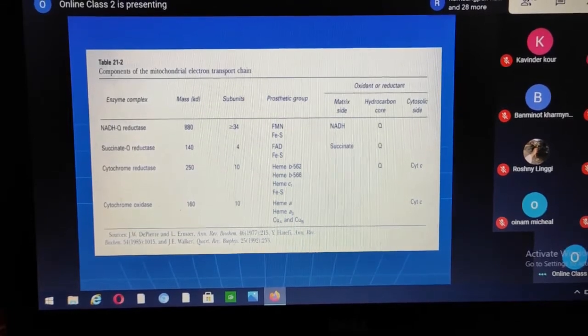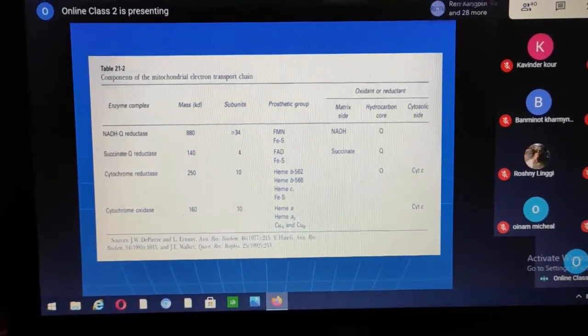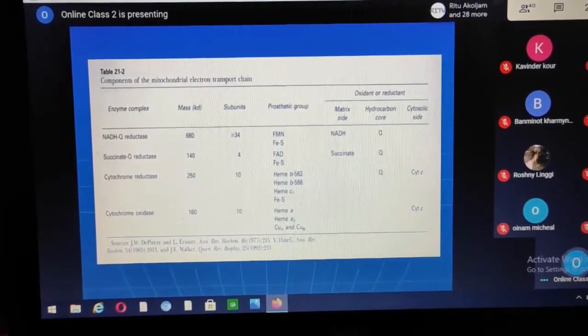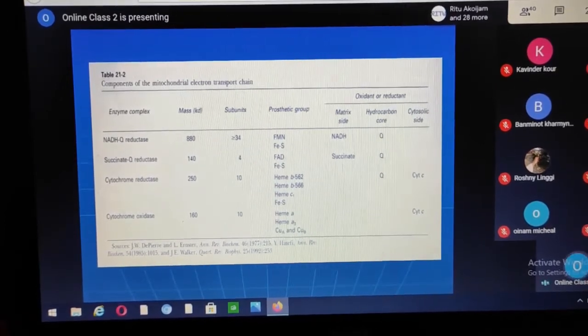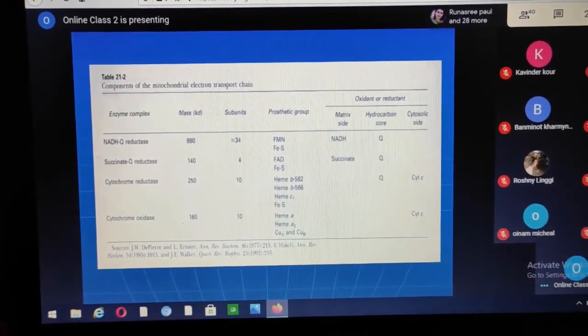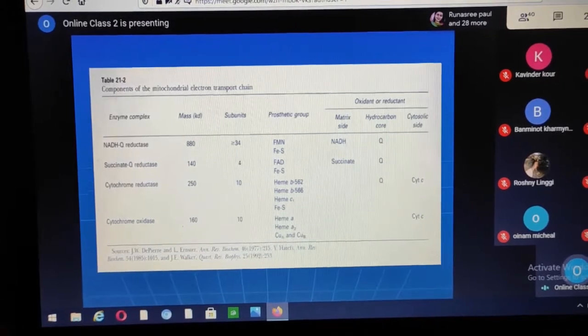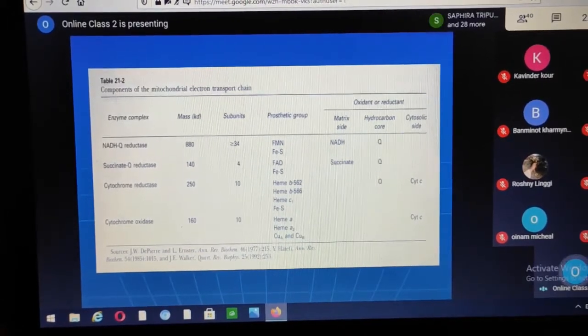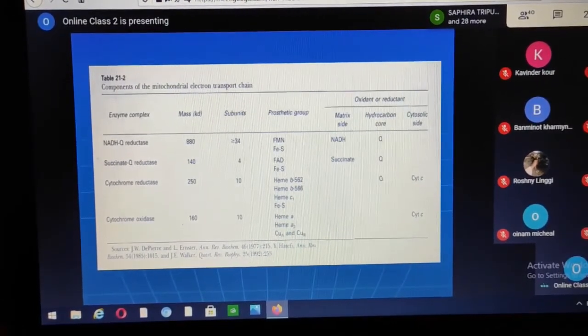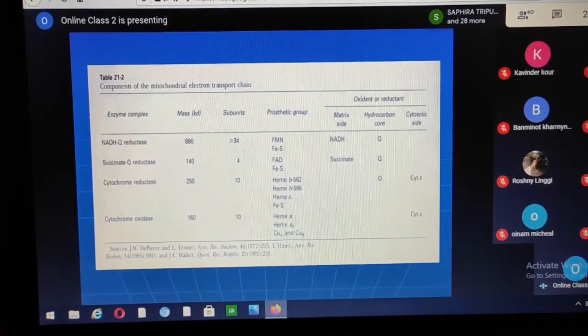Then complex 4 is the cytochrome oxidase. It has a mass of 160 and 10 protein subunits. It has 2 hemes, heme A and A3, and also 2 coppers, copper A and copper B.